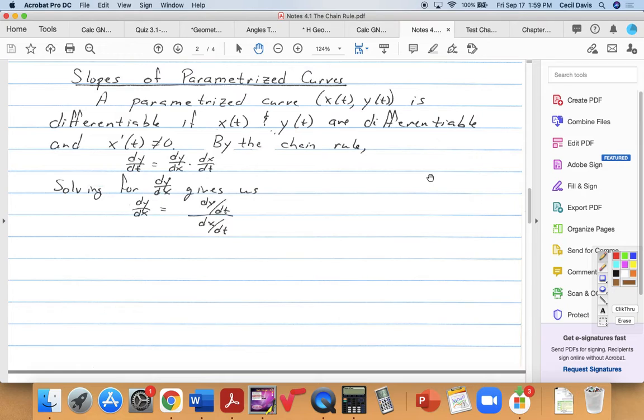So by the chain rule in Leibniz notation, dy dt would be dy dx times dx dt. So then solving this for dy dx, we get dy dx is dy dt over dx dt, which actually kind of makes sense. The change in y with respect to x is the change in y with respect to t divided by the change in x with respect to t.